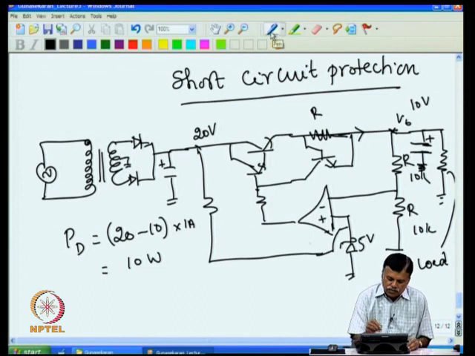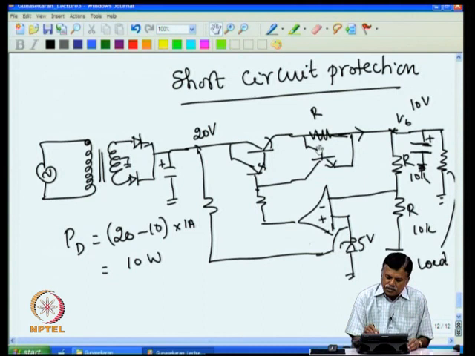Let us see how this works. As I said, the current flowing through this produces a voltage. This voltage across the resistance is the same as the voltage across the base and emitter of this transistor.